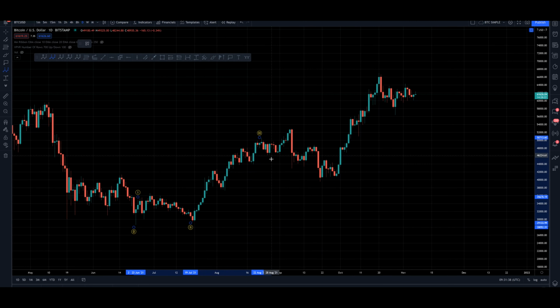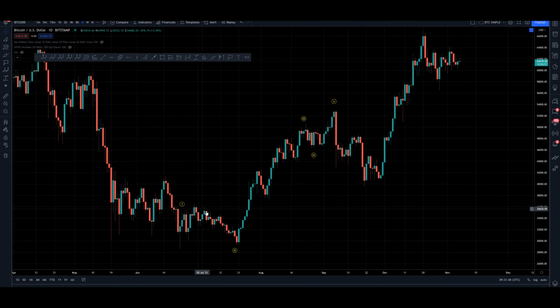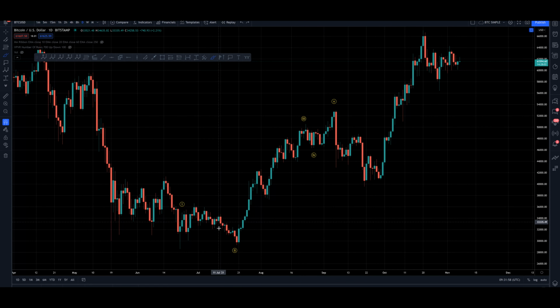But up here we get 3, 4, 5. Now, this is a deep and long wave 2. Right, we've already discussed that. 90%. This is a short and shallow wave 4. Now this is true alternation in form, length, time and depth.